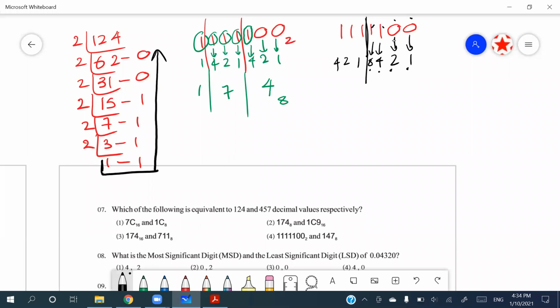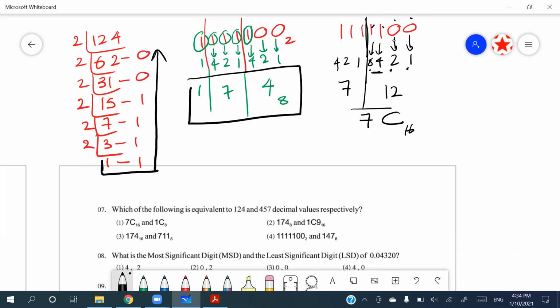So in other words, this represents 12, 8 plus 4, and this represents 7. So 12 means it's going to indicate C. So 7C in hexadecimal, right? So these are the values of 124 when it comes to there.